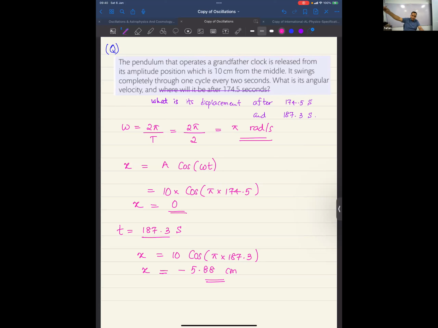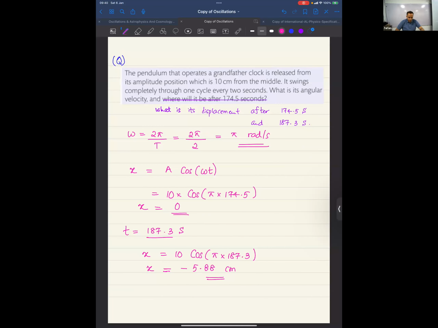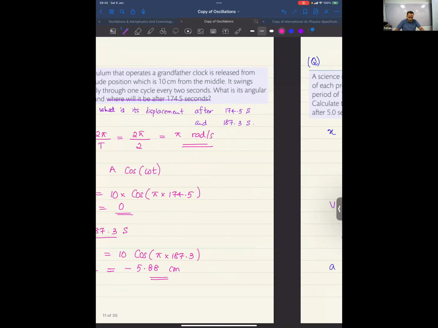From the amplitude, you have released it. So now it is in simple harmonic motion. So at 187.3 seconds, the displacement is not on the side that you released it. It is on the other side. Right. Guys, write the next one.